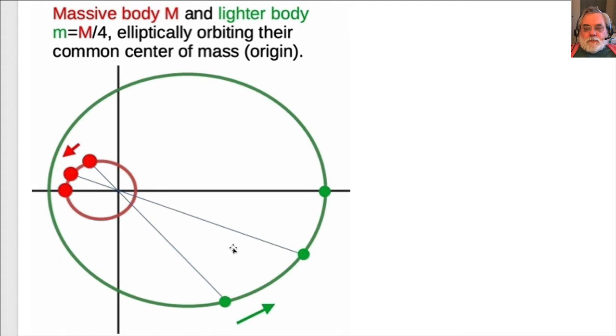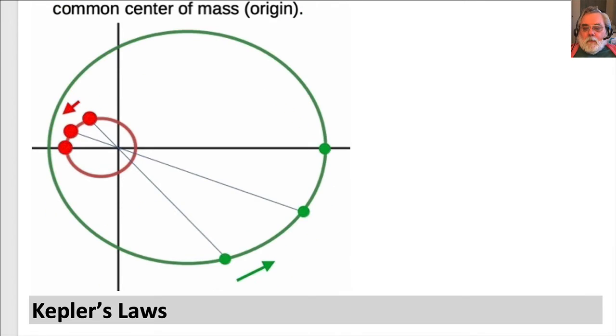And we're only interested in the orbit of the lighter mass. The lighter mass orbits the center of mass, but this is very nearly the center of the more massive object.